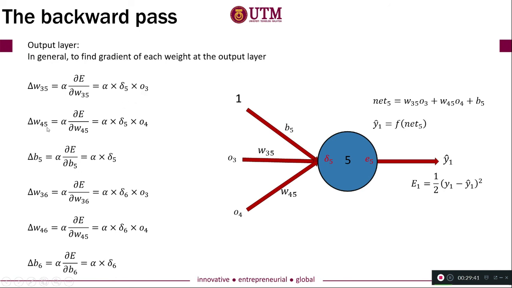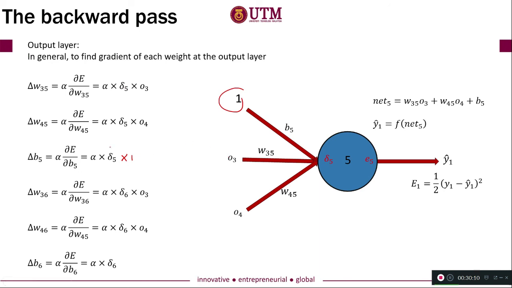To find the W45 updater, you multiply alpha times delta 5 times O4. And for the bias B5, the updater is alpha times delta 5. Actually it should be times 1, but I just removed it. Remember this one, just imagine that.